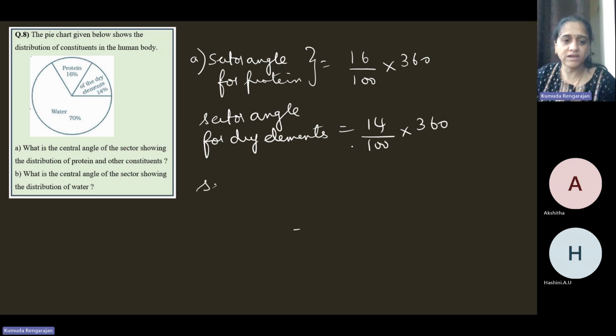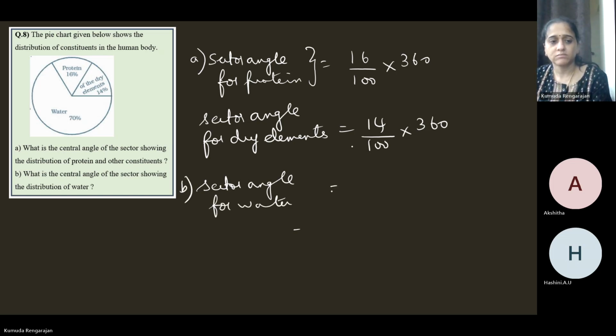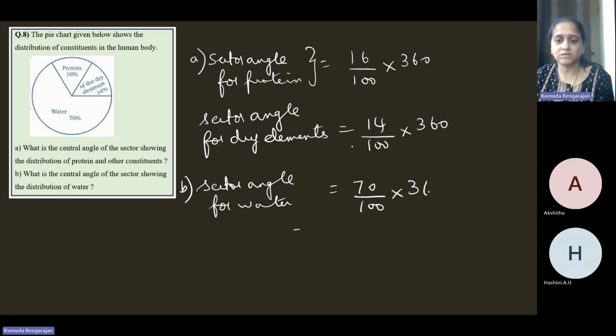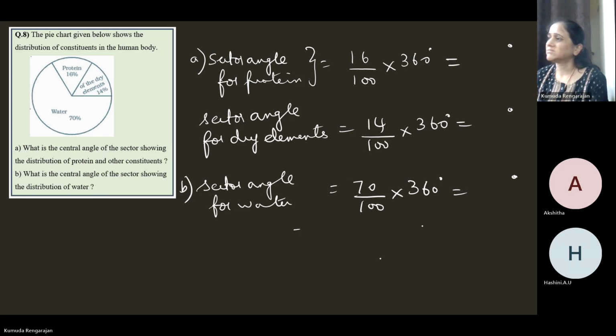And what is the sector angle for water? 70 by 100 into 360. The answer you get will be in degrees. You can get a fraction. Write it as a mixed fraction, that's all.